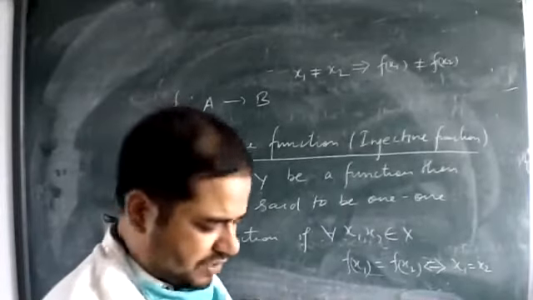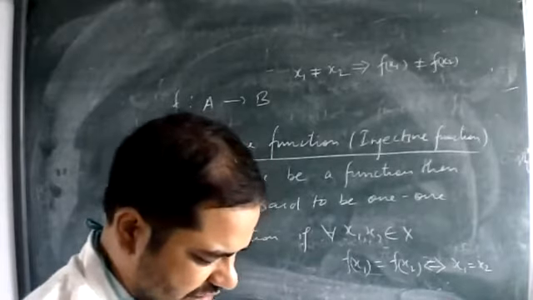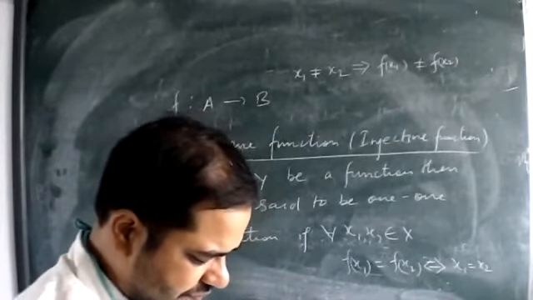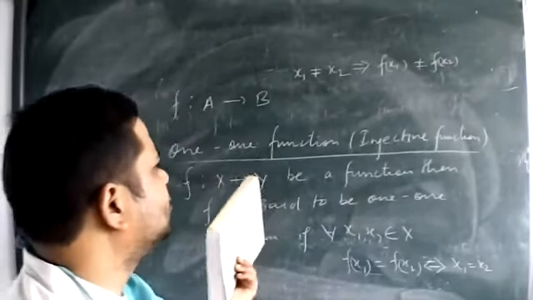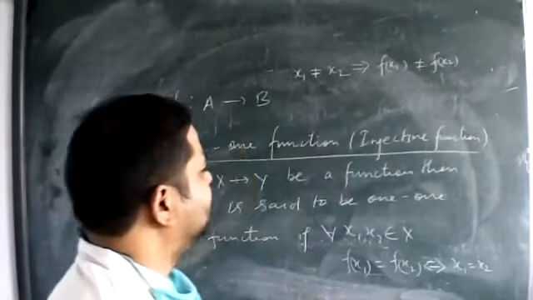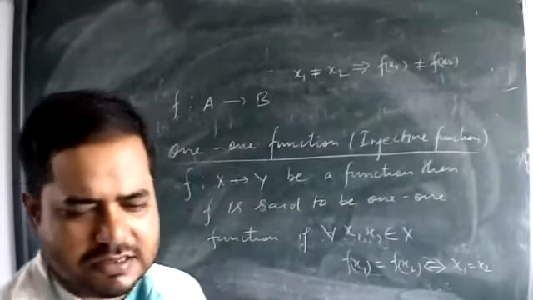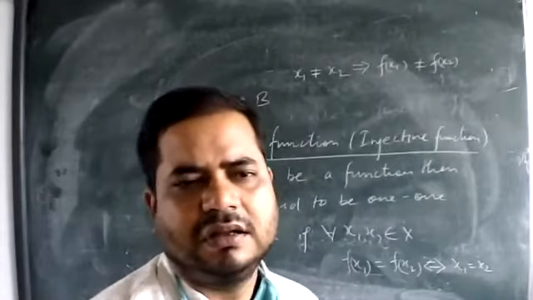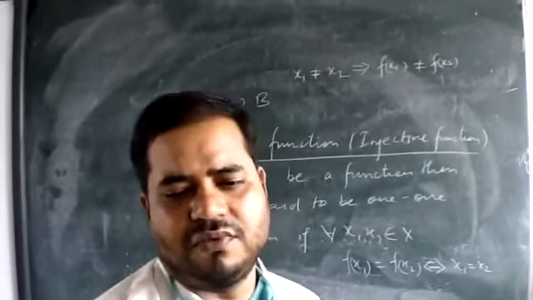यहाँ पे आप समझना ये है. fx1 is equal to fx2 then x1 is equal to x2. This is the implication from both sides. You can see x1 does not equal x2 and this is like fx1 does not equal fx2. In both the cases the given relation, you can say the given function, is one-one function.